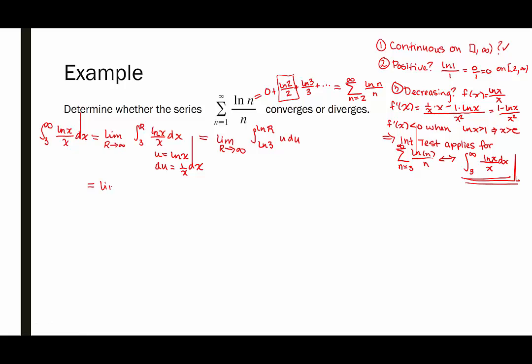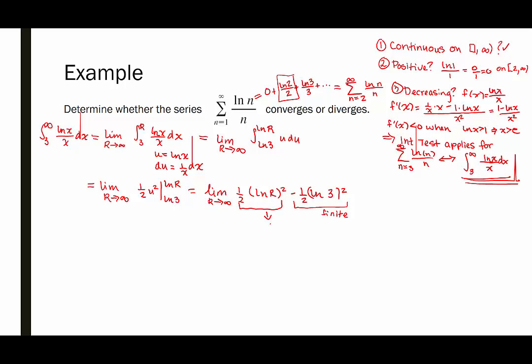So we have the limit as r goes to infinity of 1/2 u squared, evaluated at natural log 3 and natural log r. So we're taking the limit as r approaches infinity of 1/2 natural log r squared minus 1/2 natural log of 3 squared. Even subtracting off this finite number, the natural logarithm of r as r approaches infinity will become infinite, so will its square.